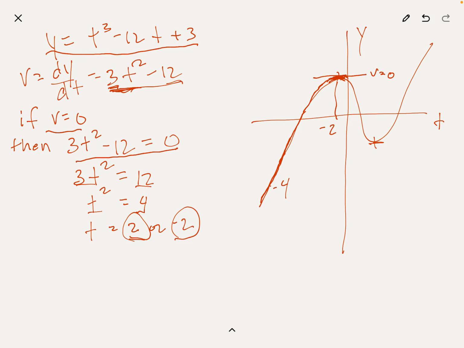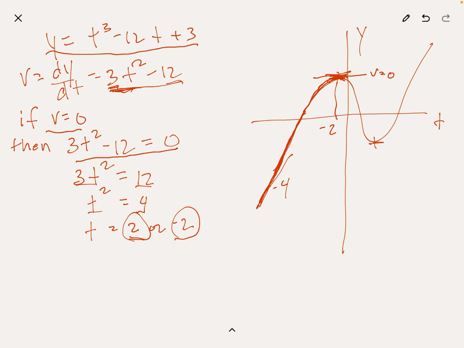That's 48 minus 12, so that's a positive number. Okay, that makes sense. The slope is positive here on this graph, or in other words, the particle is going up, up, up. And then right around the time it reaches negative 2, what happens? Well, that's 12 minus 12, that's 0, just as we said. So it does reach a local maximum here.